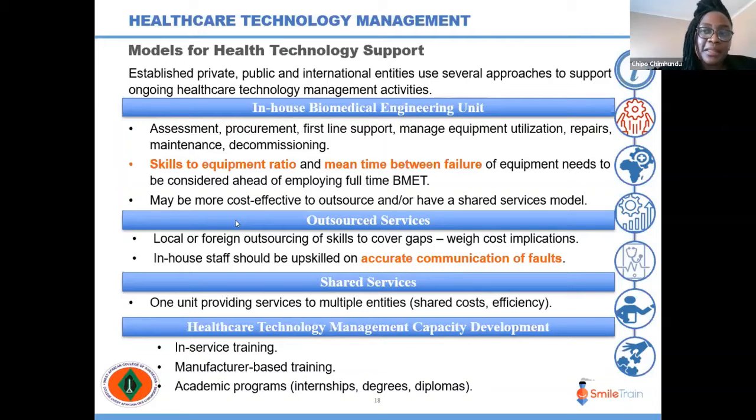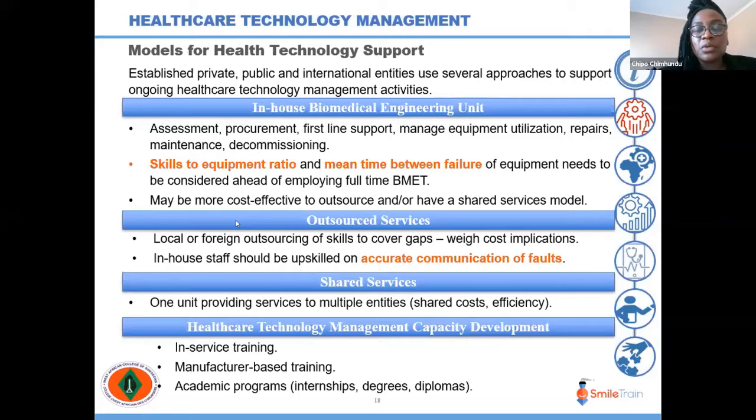What we mean by that is if you have one piece of equipment and then you have a full-time team of 3 engineers that you need to pay every month for a full year, it may not make financial sense. There are alternative models to consider. You'd also need to consider how frequently your equipment fails.